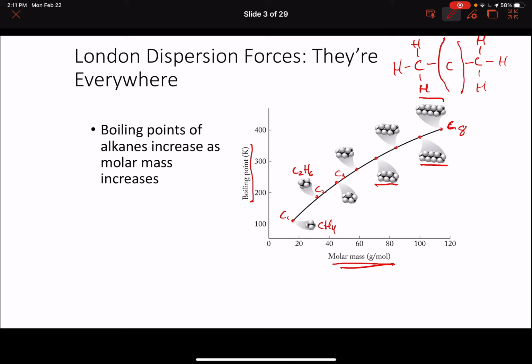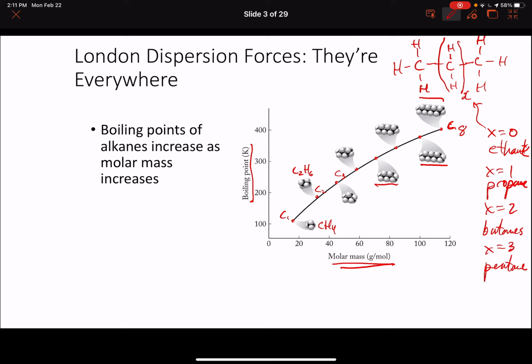So I'm going to put in the middle here a CH2 with a value of X. And X here is allowed to be 0 for ethane, or X can be 1 for propane, or X can be 2 for butane, or X can be 3 for pentane, etc. Okay, and we would expect, because of the increasing formula for the compound, that the molecular weight of that compound should increase.